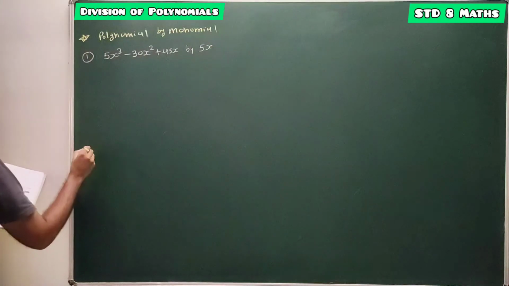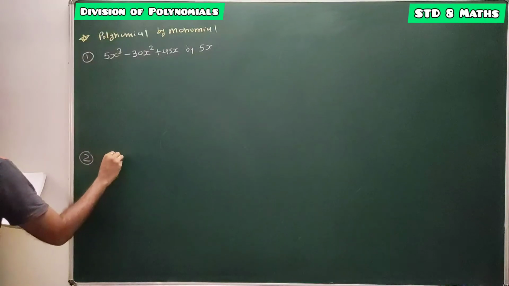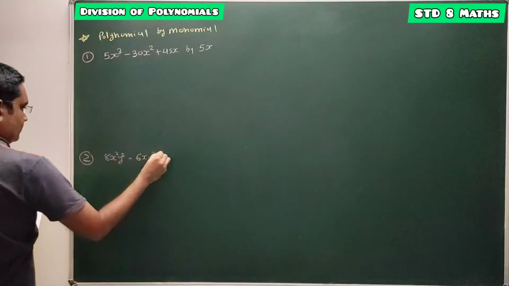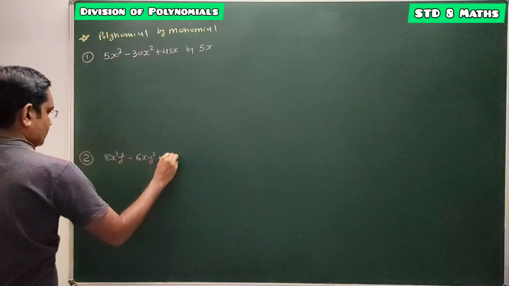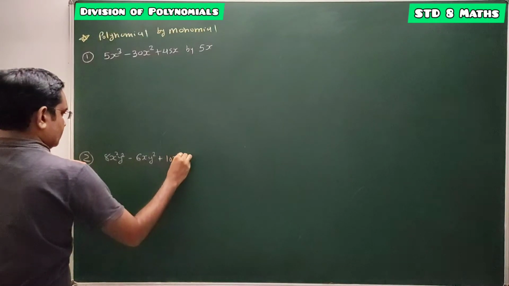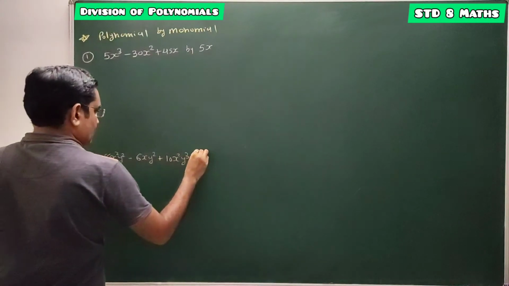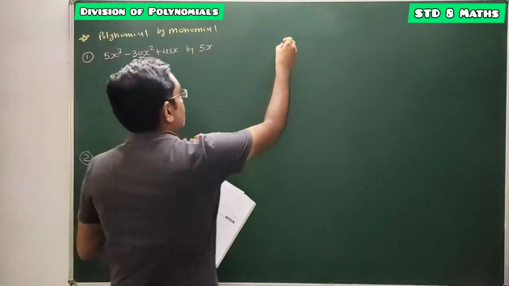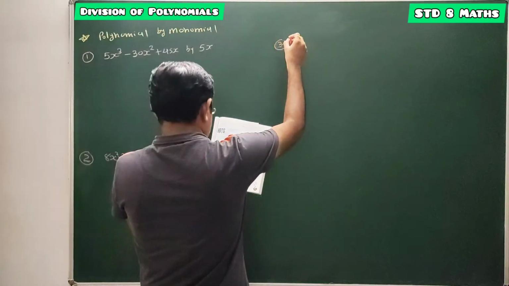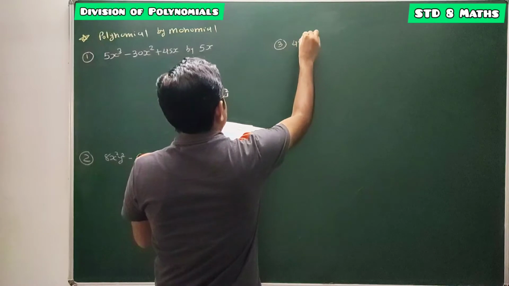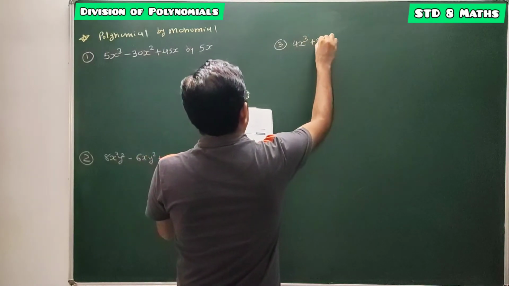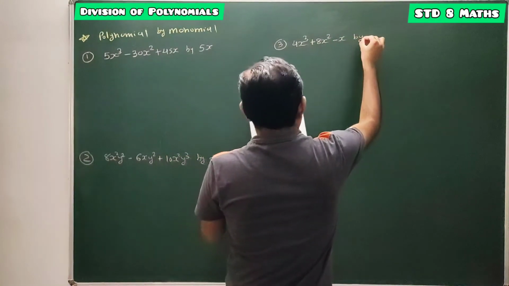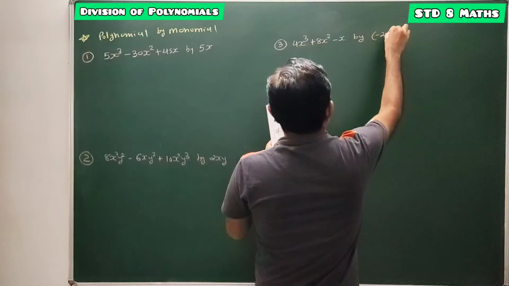Sum number 2, 8x square y square minus 6x y square plus 10x square y cube by 2xy. Third sum, 4x cube plus 8x square minus x by minus 2x.